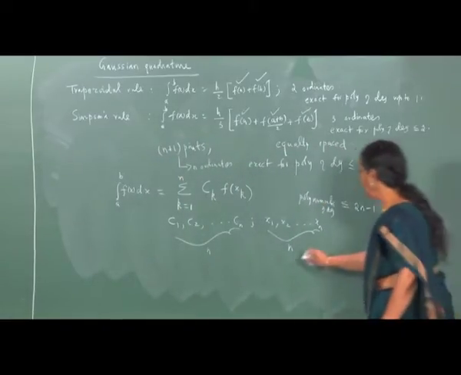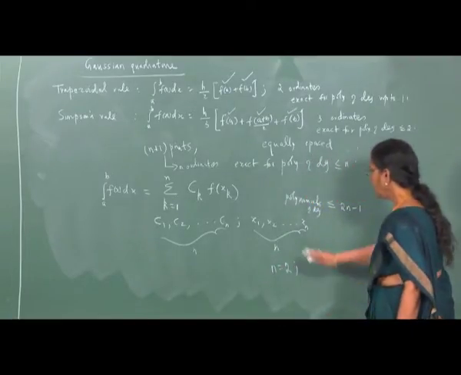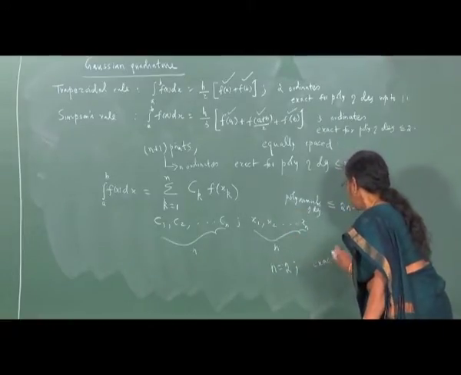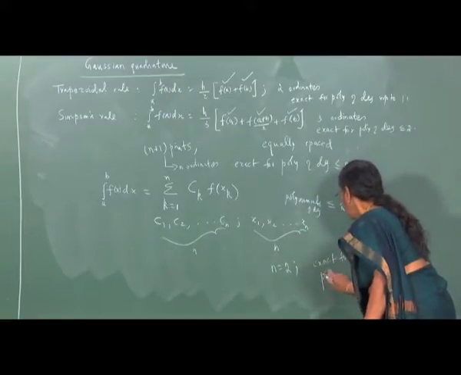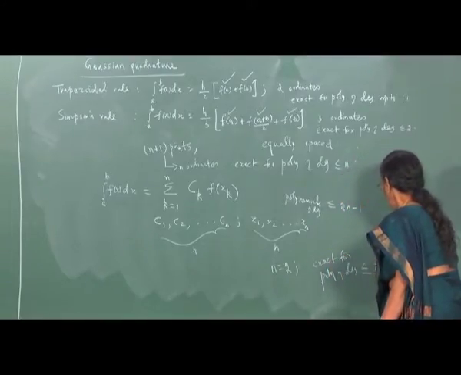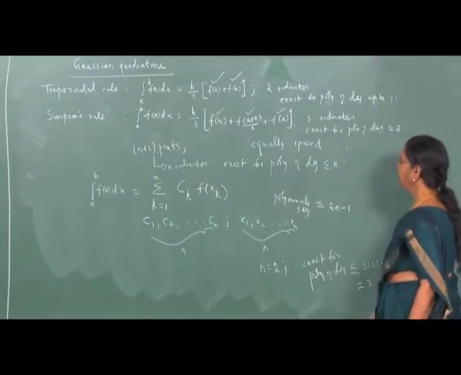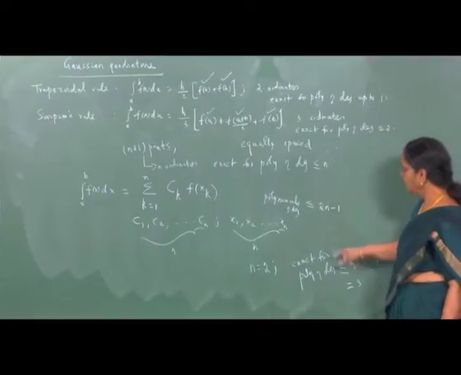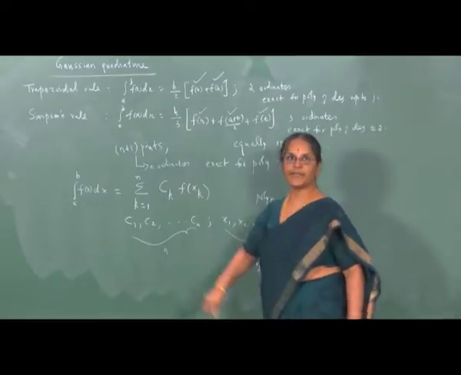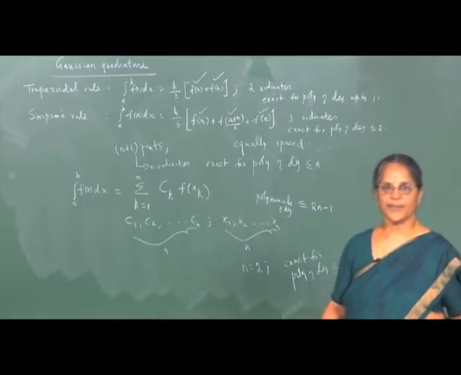For example, if n is equal to 2, then you will derive a method which is exact for polynomials of degree less than or equal to 2 into 2 minus 1, namely less than or equal to 3. You will see that the x_i's which are located here need not be equally spaced.